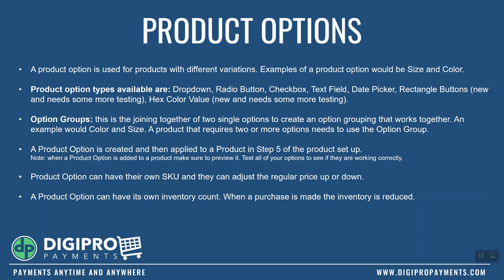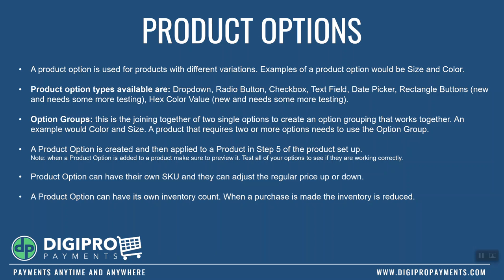And the way that works in our system is that you create the individual options first, size and color, and then you group them together as a group option. And we'll go into that in a little bit deeper detail here in just a little bit.